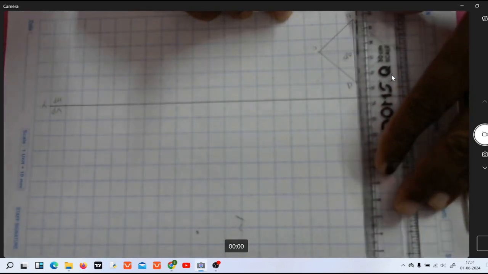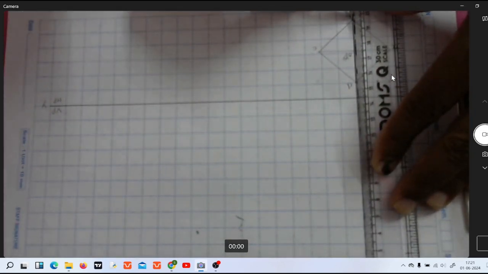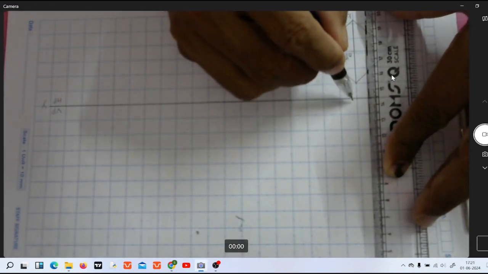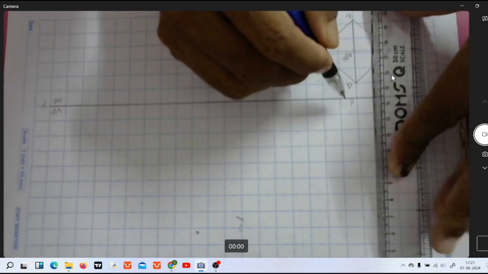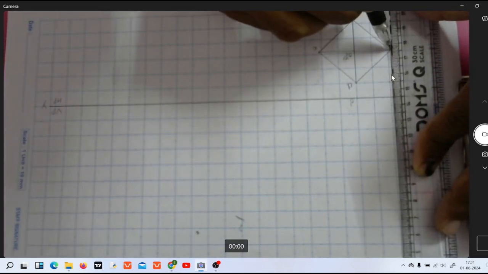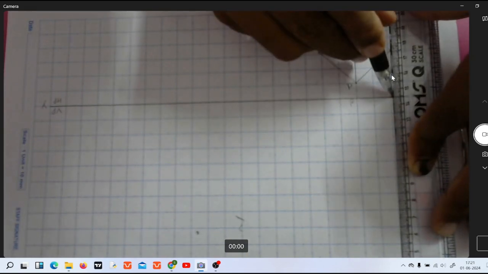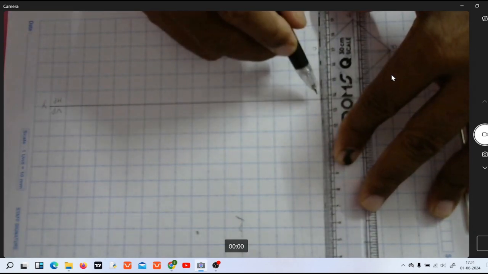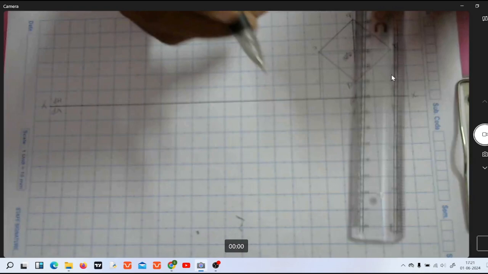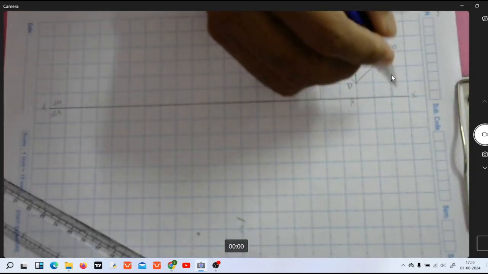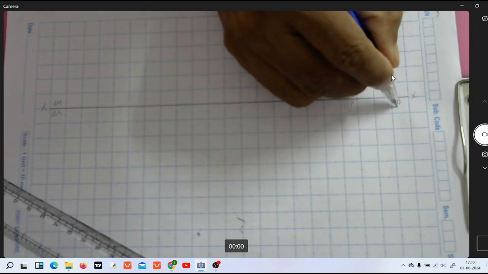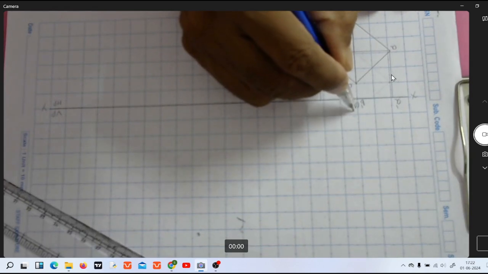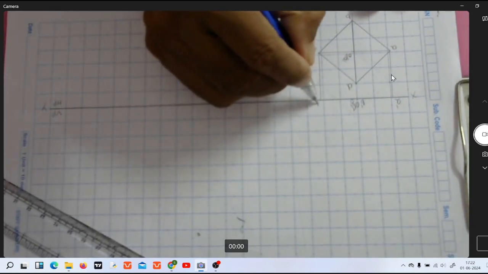Now let us construct the axis point to touch this XY line. Let us mark it as O dash. Now let us construct the base corner points to touch the XY line. Mark the base points above the XY line: A dash, here B dash as well as D dash, and here C dash.